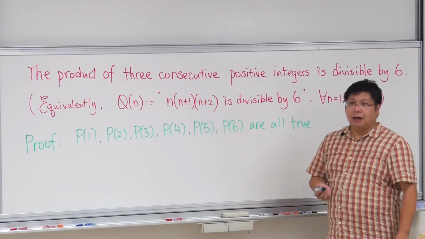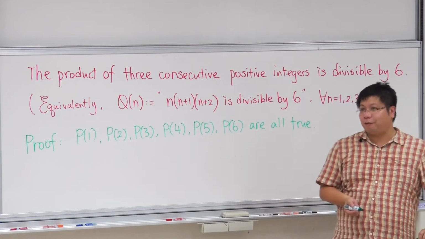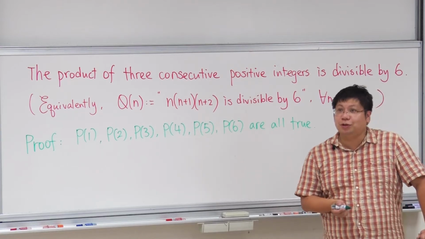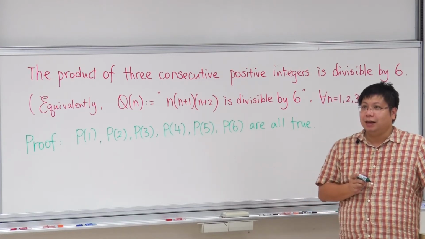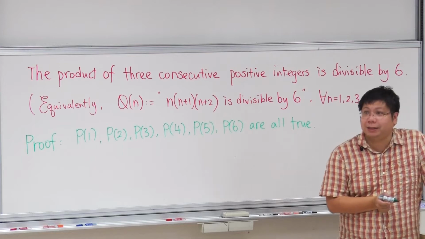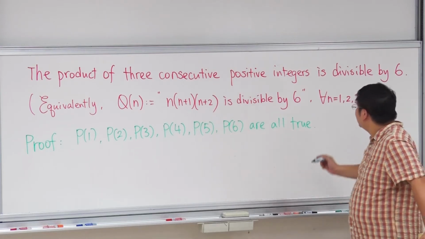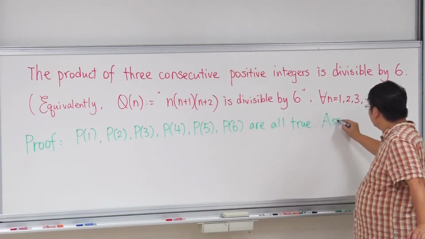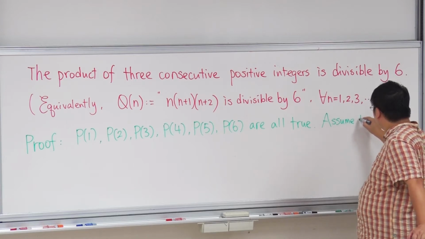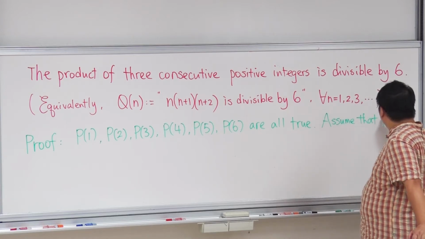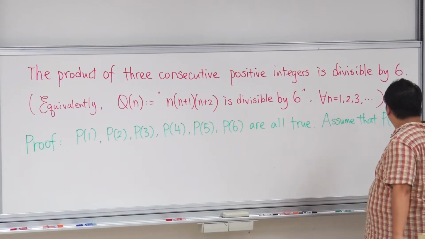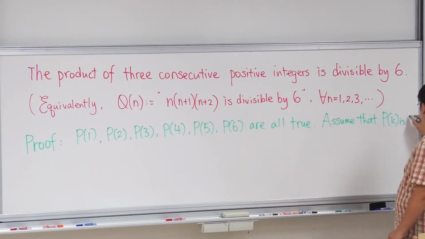And why do we want to have such a number of base cases? It is because we want to show the inductive case to be Pk implies Pk plus 6. So we assume that Pk is true.